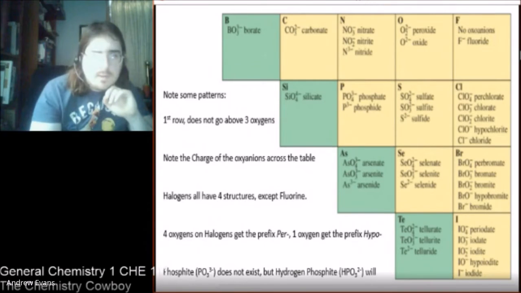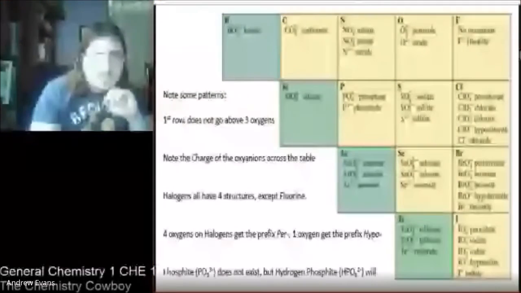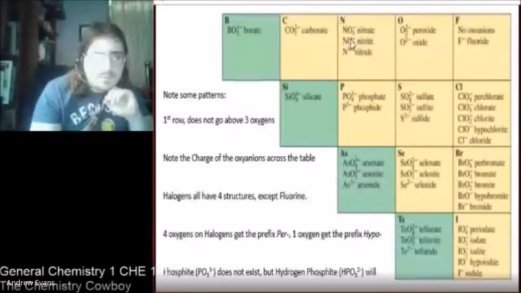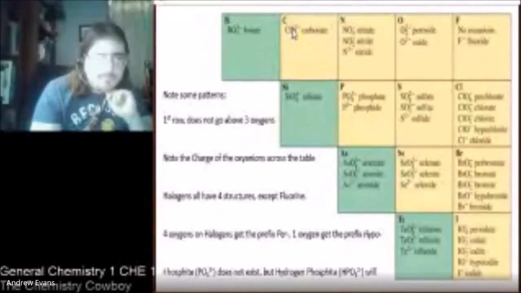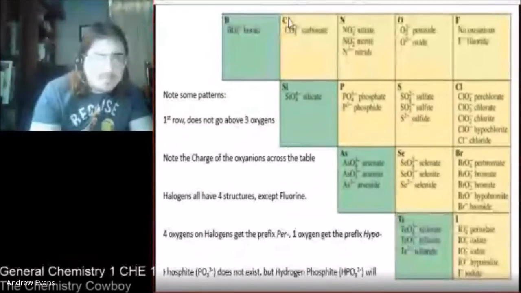Each oxygen is -2. And as we put this here, carbon, in the case of carbonate, is acting as +4. If we put 3 oxygens on to make it an anion, 4 minus 6 is -2. Carbon is in group 4, so it's +4.